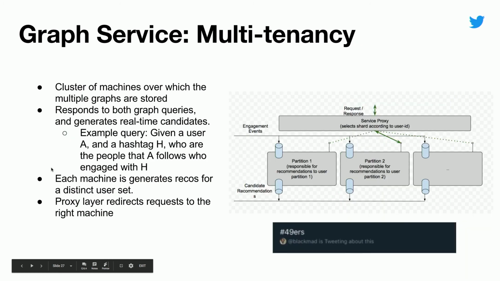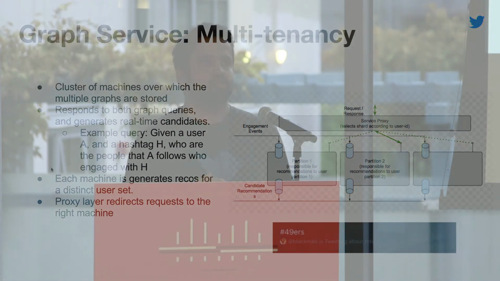Right. And before we dive into what each machine does, the font is kind of small, but let's take a look at how the overall system works. We have a proxy layer. There's a cluster of machines over which this partitioned follow graph is stored. And we want this to also respond to graph queries and generate some real-time candidates.